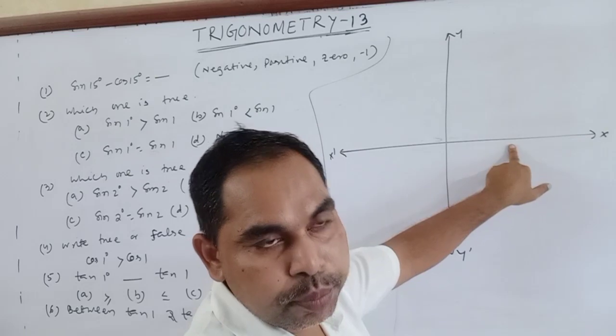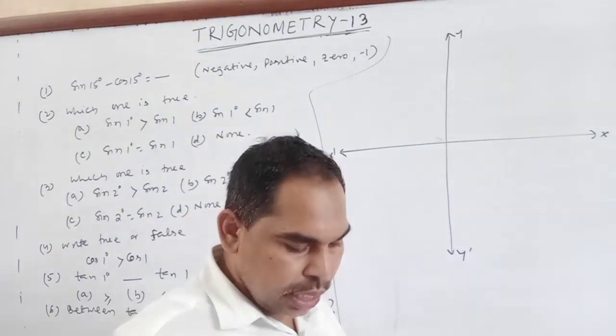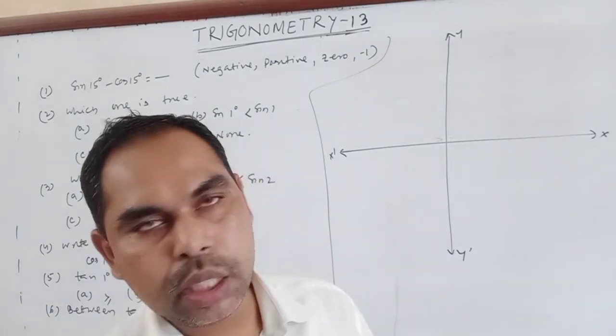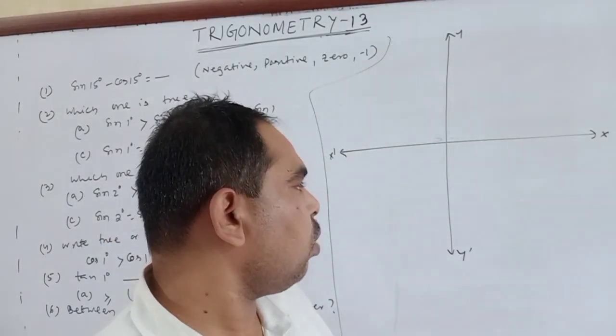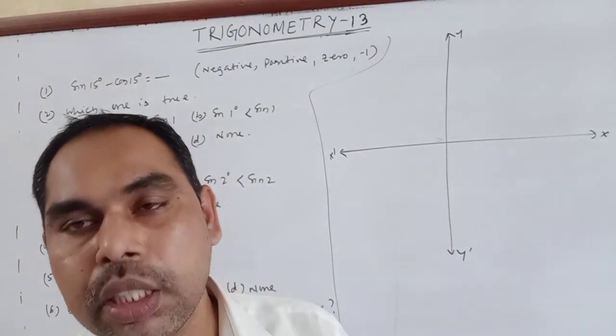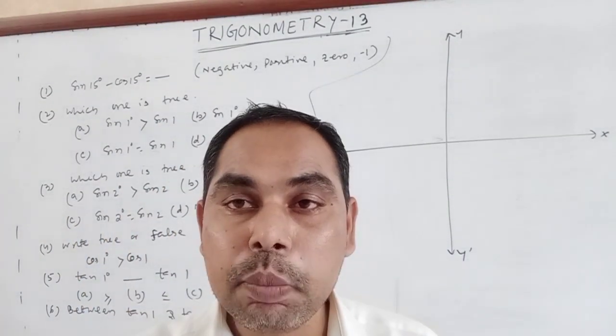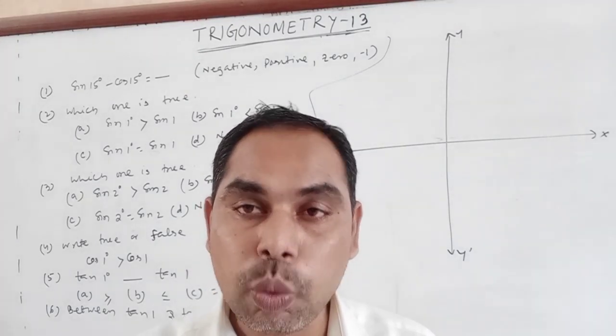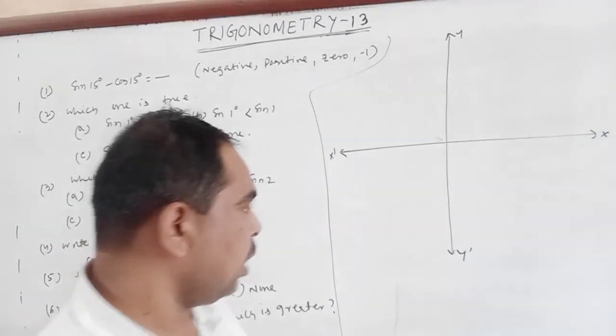In the first quadrant, all trigonometric ratios are positive. In the first quadrant sin is an increasing function because sin 0 is 0 and sin pi by 2 is 1. Remember this.